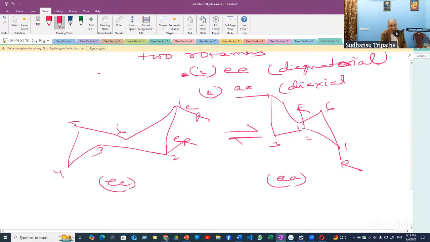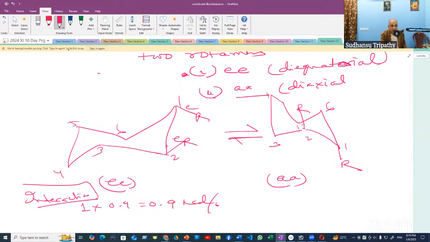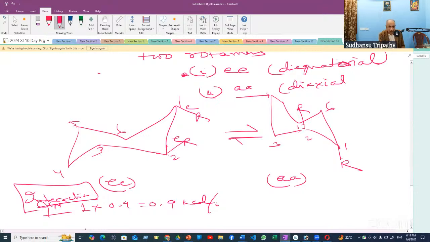EE has, with respect to no interaction, sorry, between these two R, there is only one Gauss-Butane type of interaction. So the interaction energy, we call it interaction energy compared to no GBI, when all trans and T. Interaction energy here in the di-equatorial trans is 0.9.